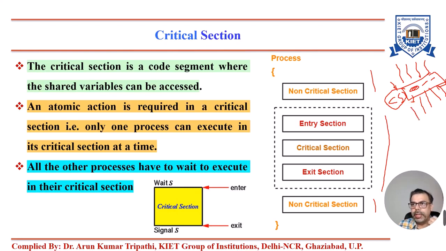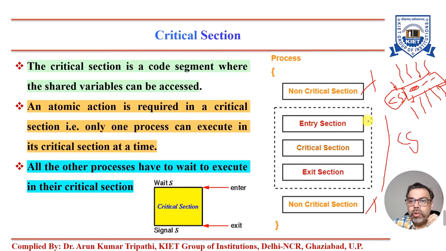For example, taking the printout, something like that. It will display the message, your ticket has been booked, your berth number or the seat number is this one, something like that. So that portion is known as the non-critical section. Here, the non-critical section portion will be filling up the name, age, mobile number, address, etc. But the seat reservation will be treated as the critical section, and only one process can enter into the critical section.